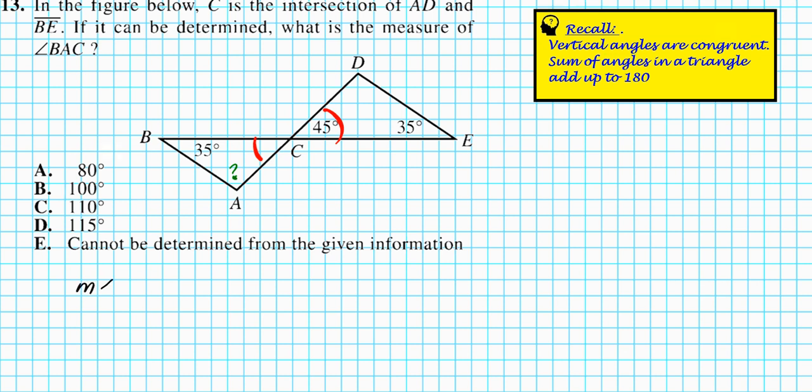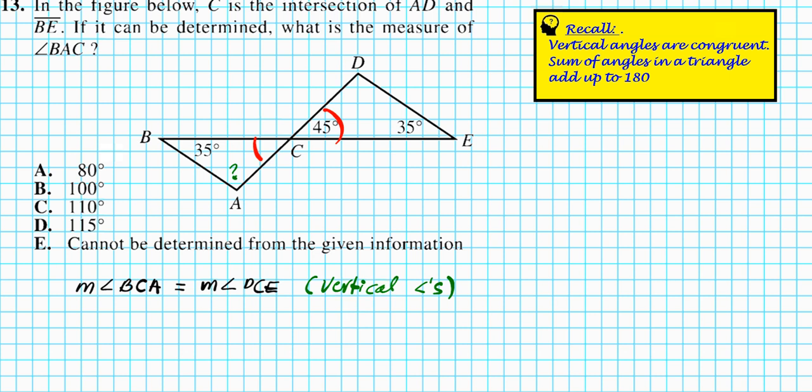Measure of angle BCA is equal to measure of angle DCE, and the reason is because they are vertical angles. So vertical angles are basically congruent.